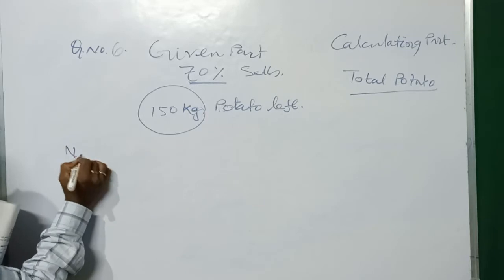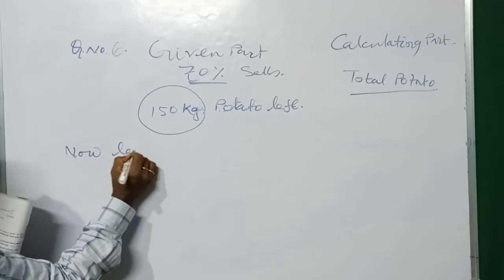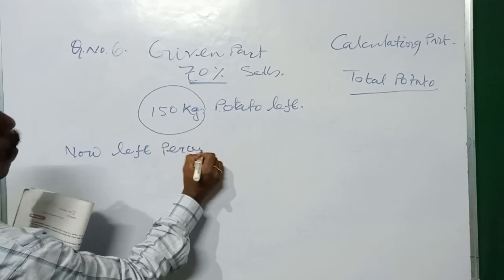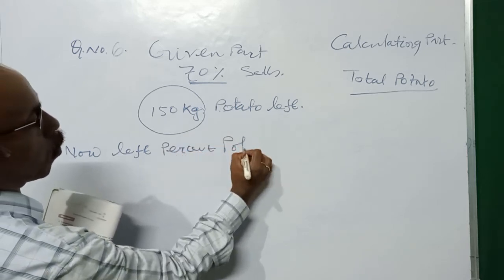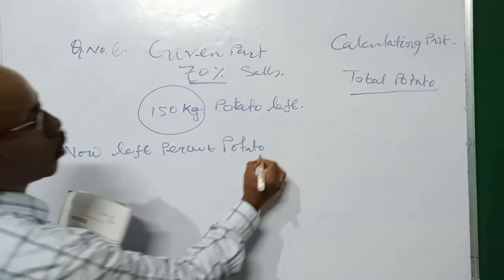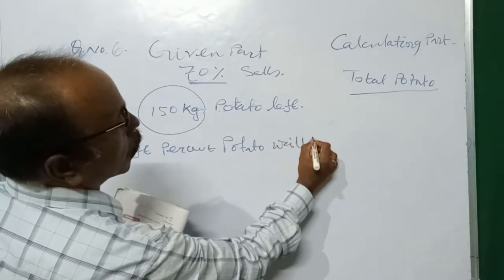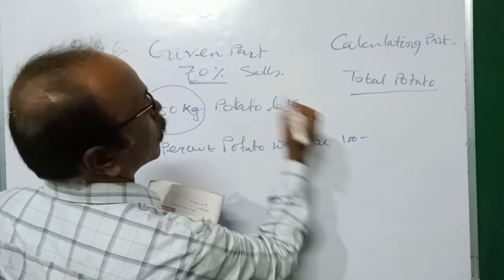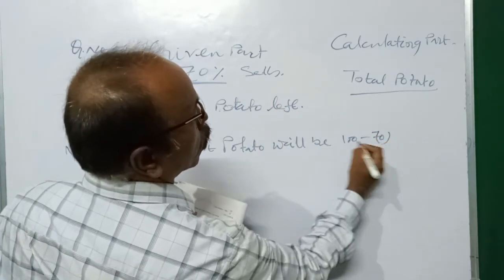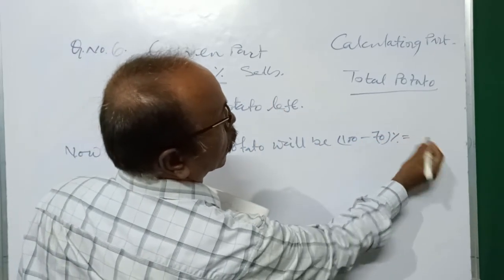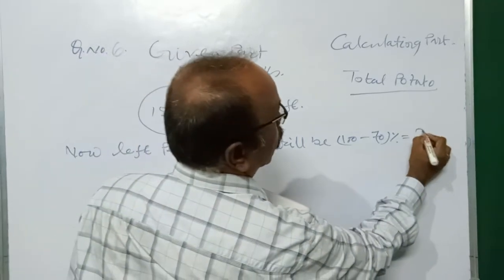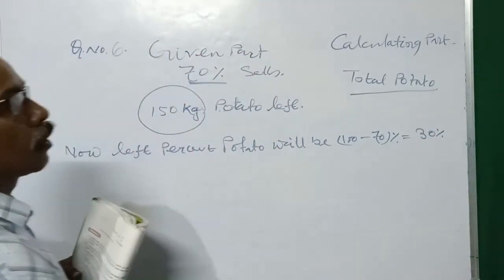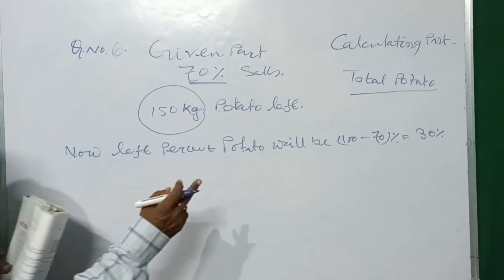Now the left-over percent of potato will be 100 minus 70, which is equal to 30%. Am I clear? This is easy.